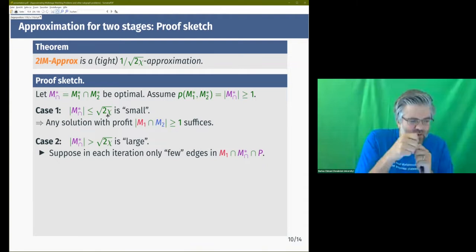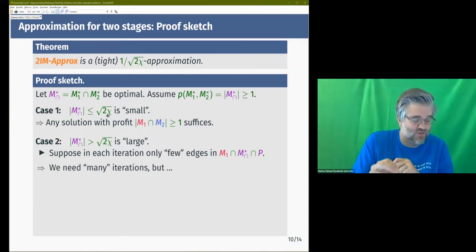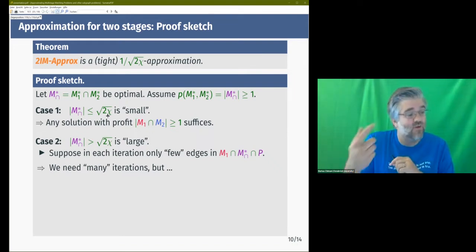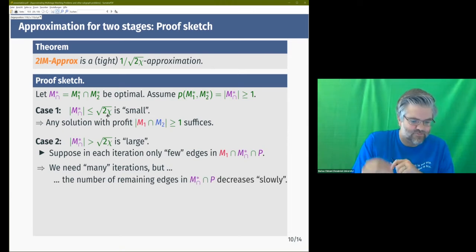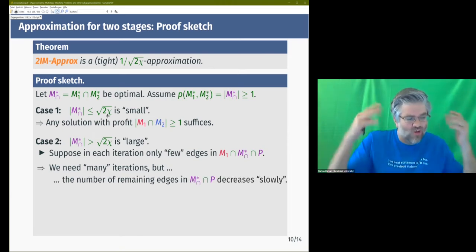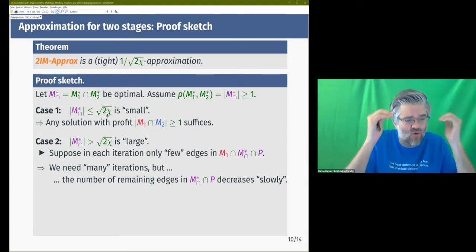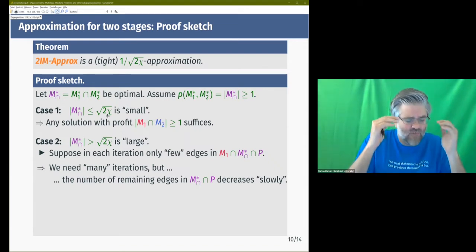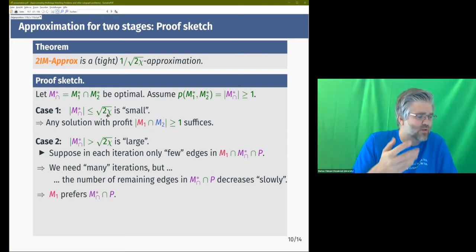So it only takes away few of those really good edges of the optimal solution, which in turn means that we have to have very many iterations in our algorithm, because our algorithm runs as long as there is an edge that has not been seen by the matching M1 first. So these good edges that we would actually want to pick but don't know about, we only get few of these edges in each iteration. We have many iterations, and so this number decreases only very slowly.